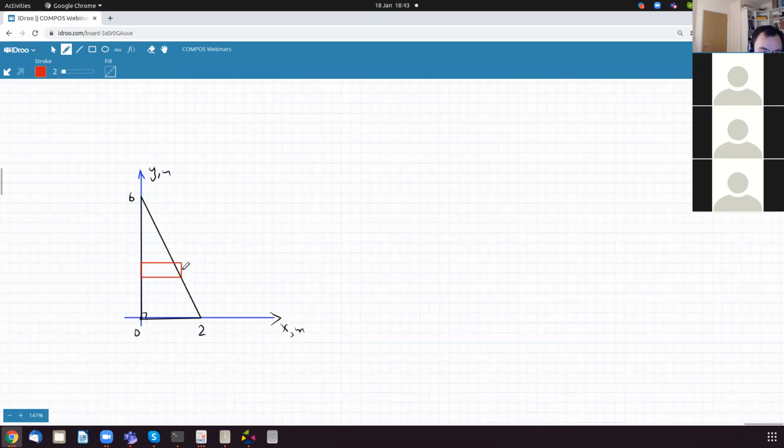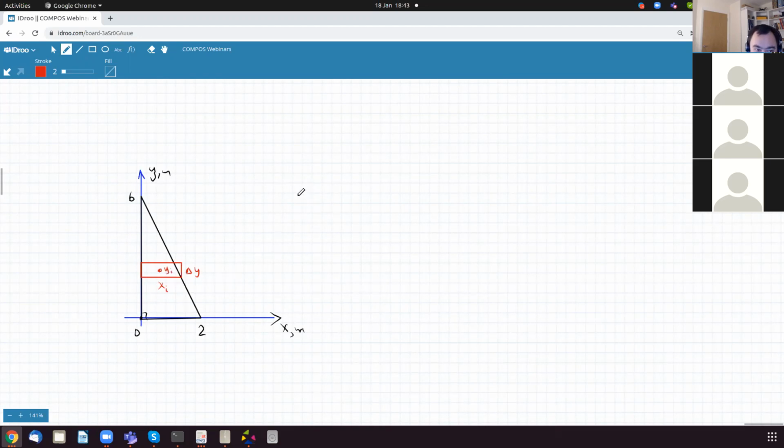Now, the width of the strip is going to be delta y. The xi is the length of the strip, and the position of the strip is yi.